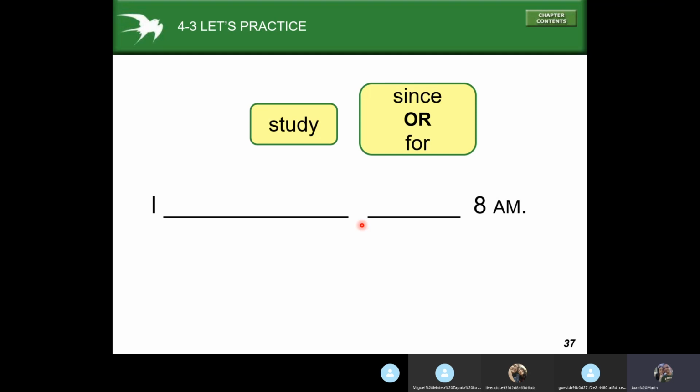Okay, this next example. We use since or for. So we have I, 8 a.m., and we have the verb study, since or for. So what is next?